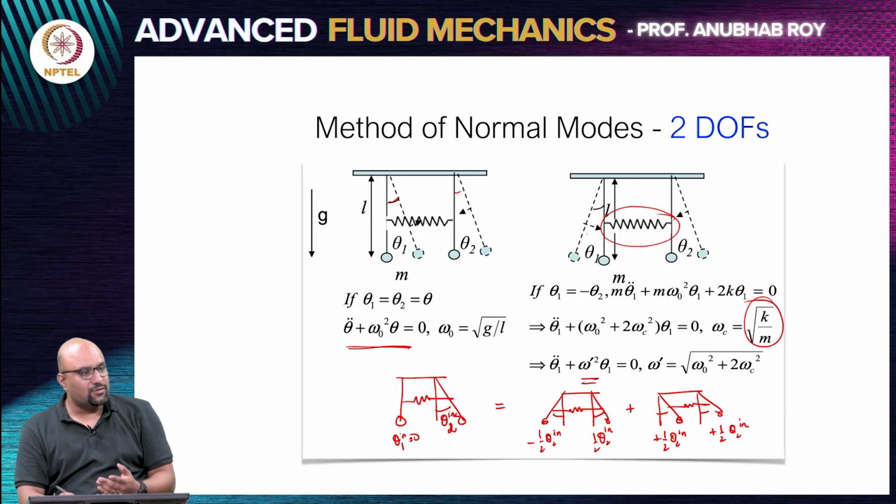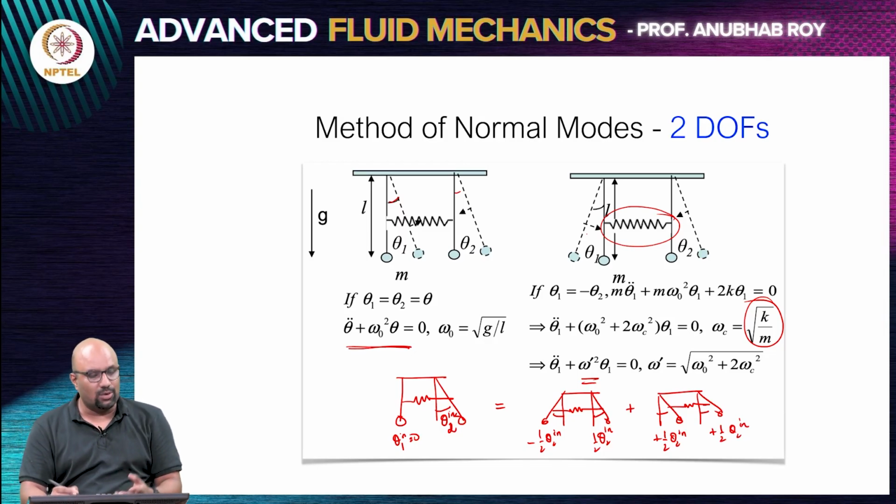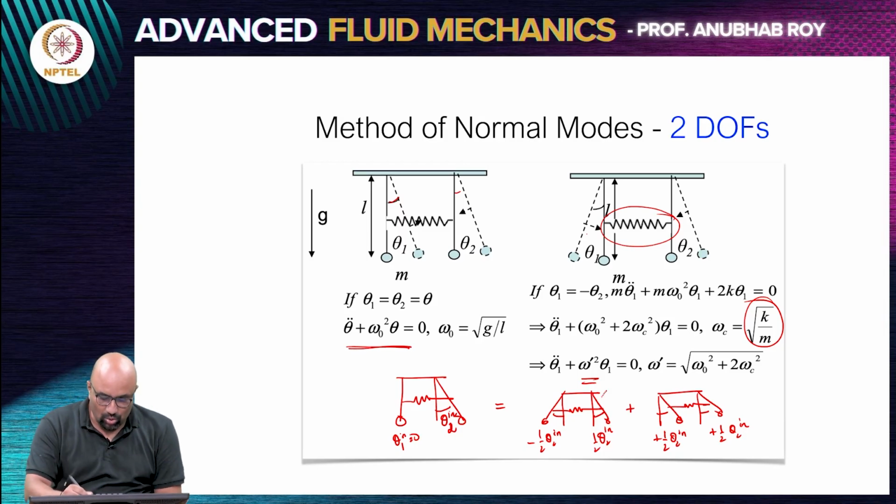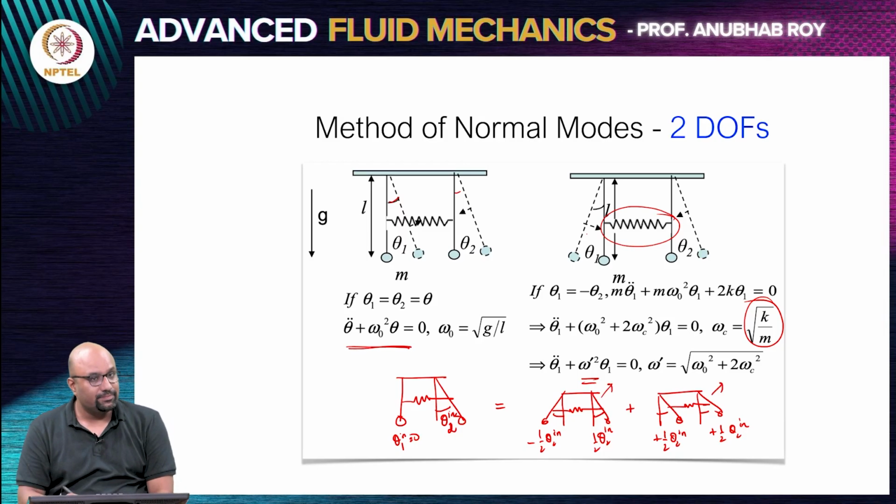So what you have done, you have superposed that initial condition in terms of the symmetric and the antisymmetric component. And then now you know what is the behavior of each of these vibrating modes. So you can represent any initial condition as a linear superposition of these vibrating modes.